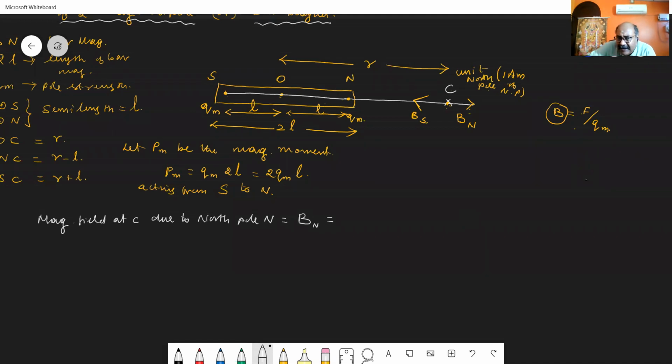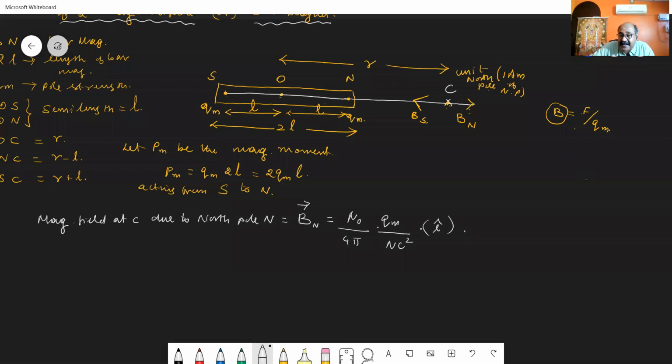So what is F? F will be mu 0 divided by 4 pi into the pole strength at N, which is Qm, into the pole strength at C, which is 1, divided by the distance NC square, multiplied with I cap if it is a B vector. Am I correct? Hope you have understood this.